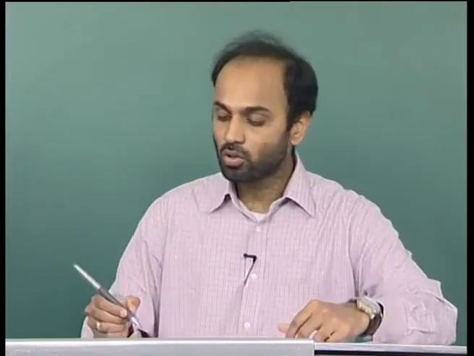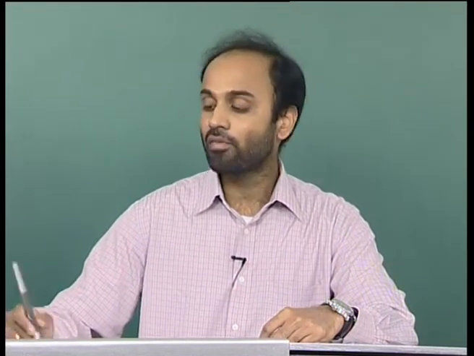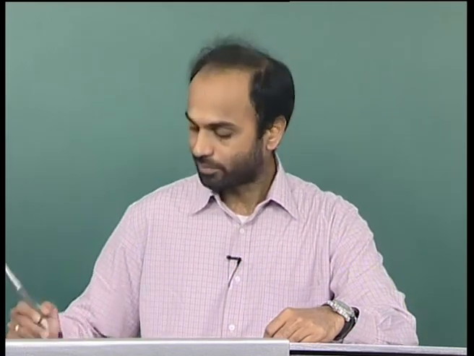Let me illustrate to you the relevance of the coherence bandwidth. We also know that if I transmit a signal with spectrum X of f through a system which has a frequency response H of f, then the output response is simply X of f times H of f. That is, I am taking a signal X of f, passing it through a filter whose response is H of f, and the output has a frequency response X of f times H of f.